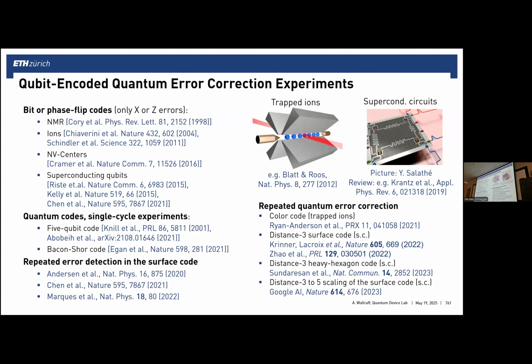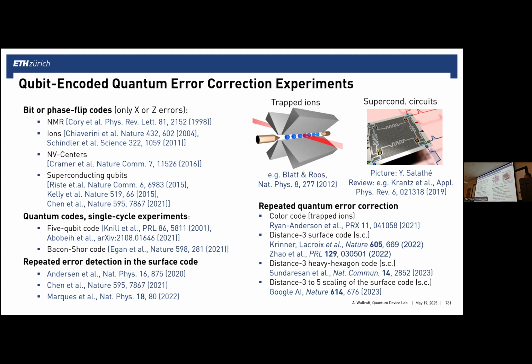Okay, and then these things never happen on the spot. If you look at how repeated quantum error correction developed, there were really many steps: from detecting single types of errors, either bit flips or phase flips, to a single cycle experiment where you detect both bit and phase flips, but only once, to experiments where you repeat the error detection, but only in a too small code, at a too small code distance.